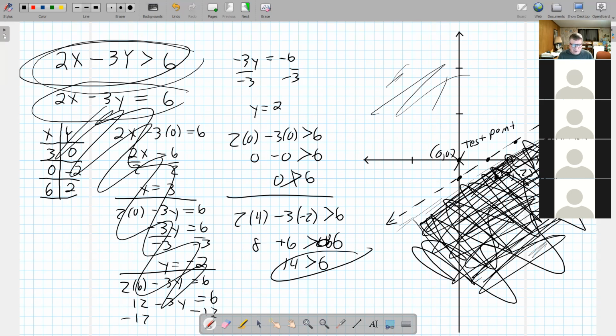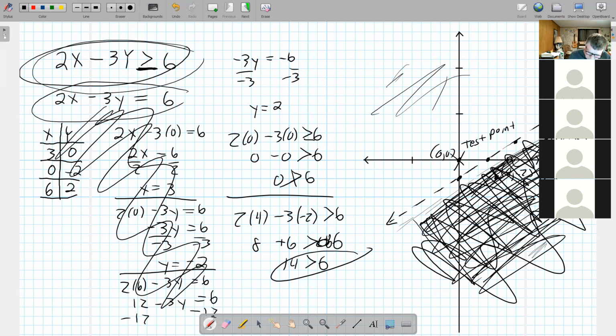Now, I'm going to make a very slight change in this problem. Let's say that instead of 2x minus 3y greater than 6, it was 2x minus 3y greater than or equal to 6. Okay?